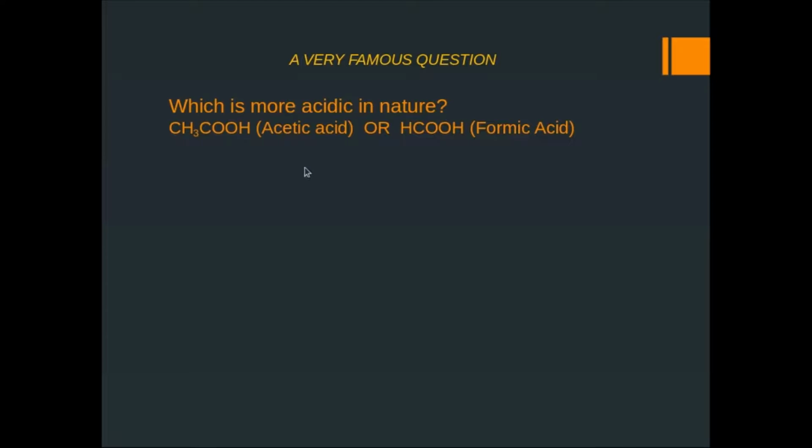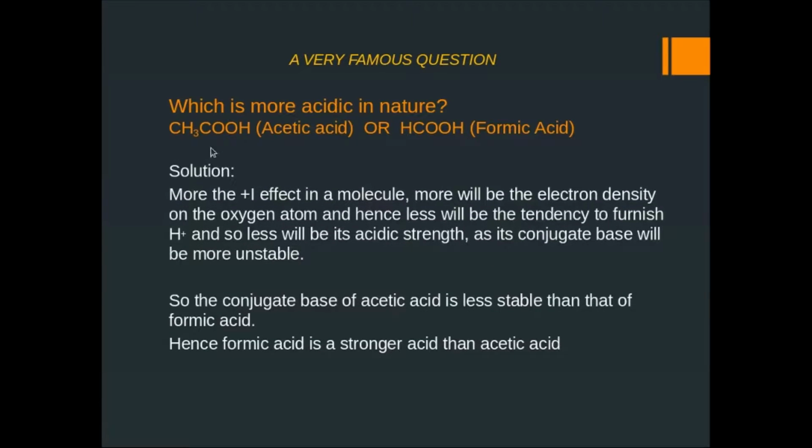Okay, I hope everyone has done with it. So I am now moving to the solution part. See, in CH3COOH, due to the presence of one CH3 group, there is a plus I effect which is provided to the oxygen. This oxygen is gaining negative charge over it, but oxygen has a small size, so it cannot occupy so much negative charge.